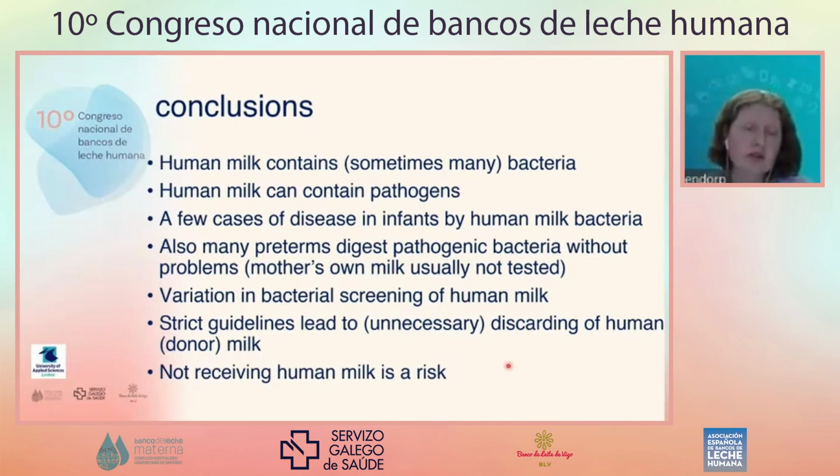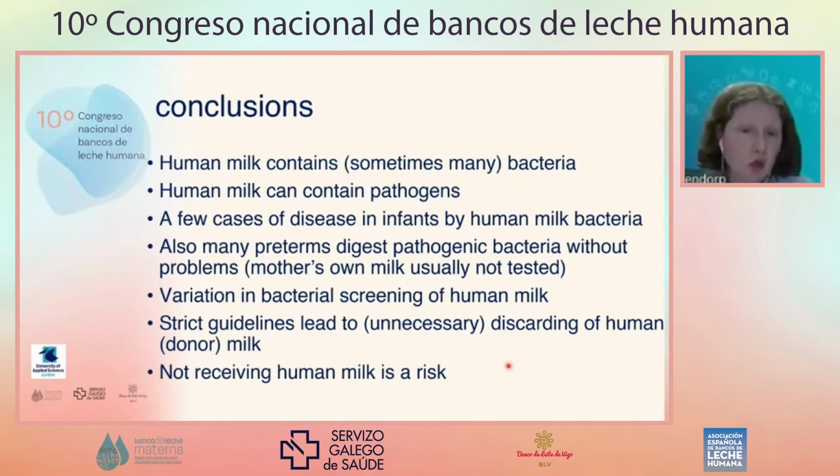We can also conclude that human milk can contain pathogens in about 10 to 15% of cases. But I could only find a few cases of disease in infants caused by human milk bacteria. And this paper from 1989 shows that many preterms do digest pathogenic bacteria without any problems.